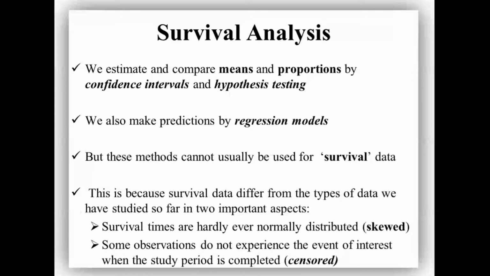But neither ANOVA nor regression models can be used for survival data, because survival data has a skewed distribution. You cannot fulfill the assumption of normality, which is a common assumption for t-test, ANOVA, or regression. One. Second, some observations may be censored.